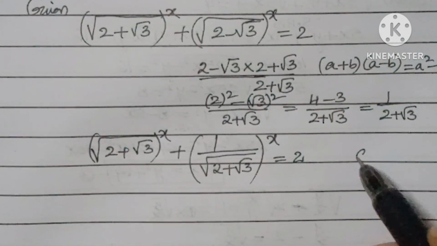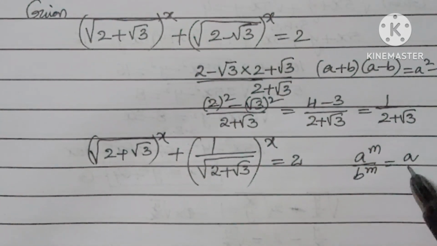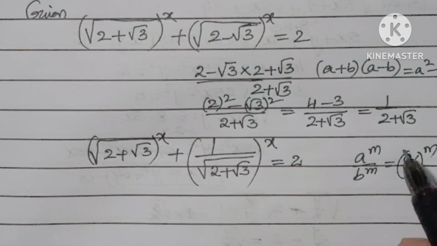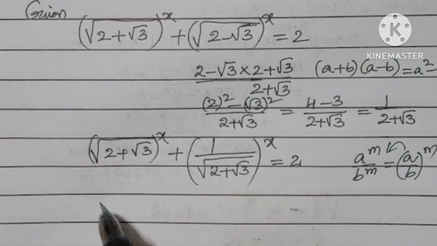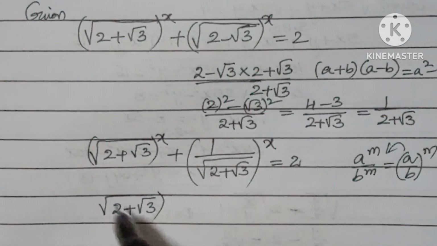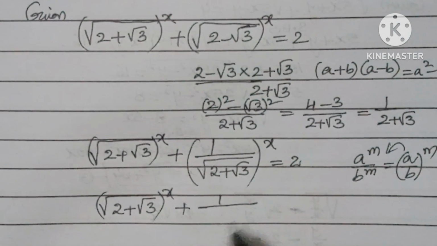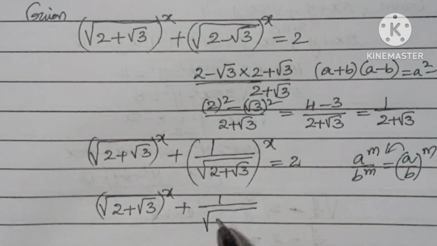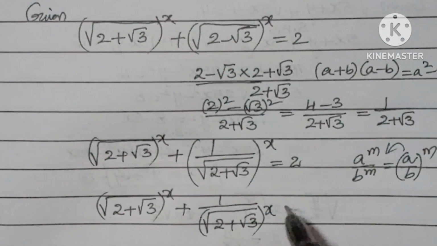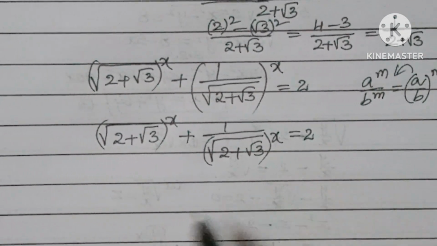Now we are applying the formula a power m by b power m is equal to (a by b) whole power m, in reverse. So this can be written as (root of 2 plus root 3) to the power x plus 1 to the power of x, which is 1 only, by (square root of 2 plus root 3) to the power of x is equal to 2. Now our target is the x value.